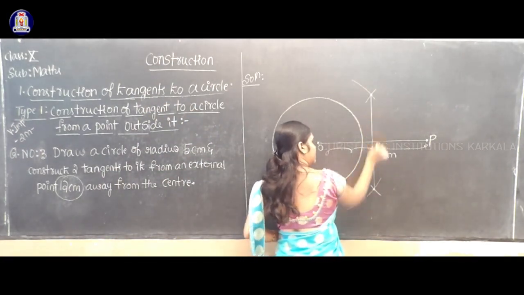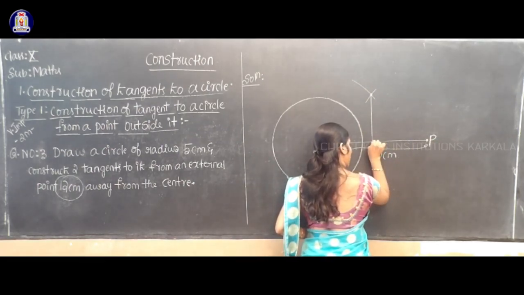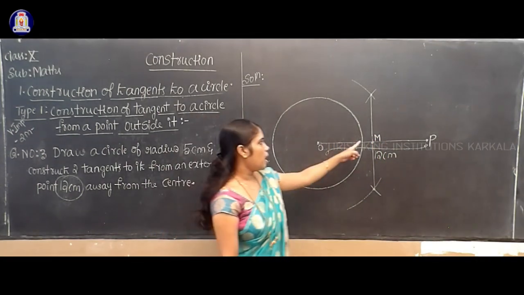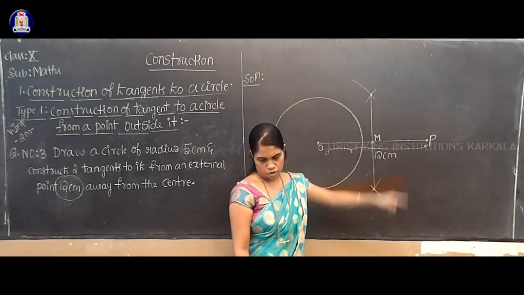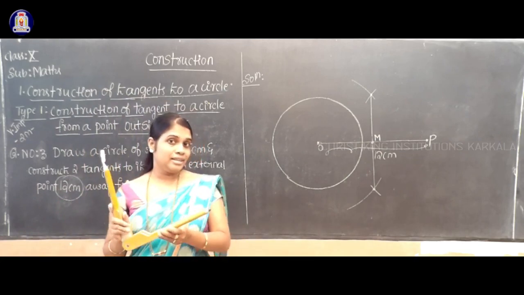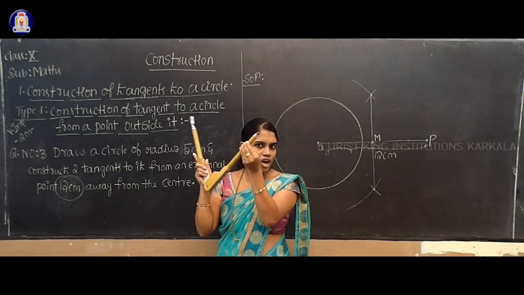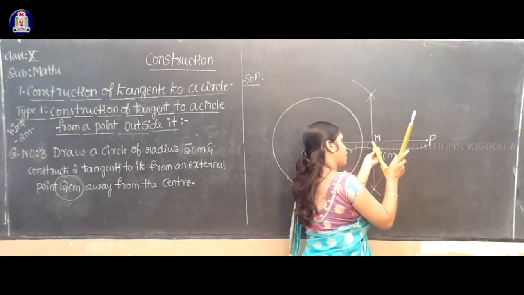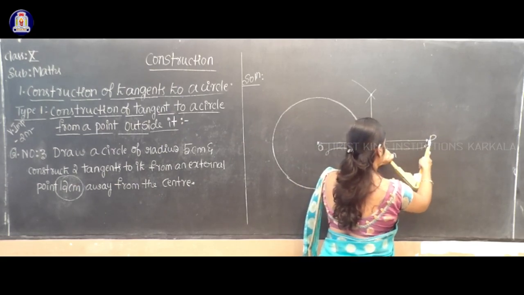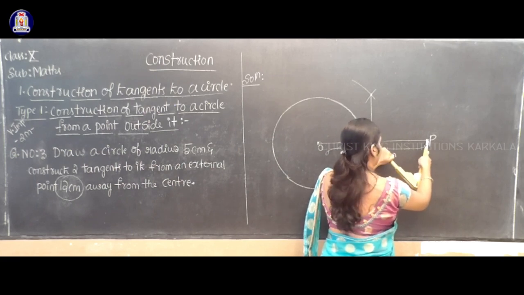So your perpendicular bisector and the line OP are intersecting at this point. Mark this point as M. Okay. So now next step, by taking M as a center, means you have to keep the leg of your compass at the point M and take MP length, by taking this MP as radius.